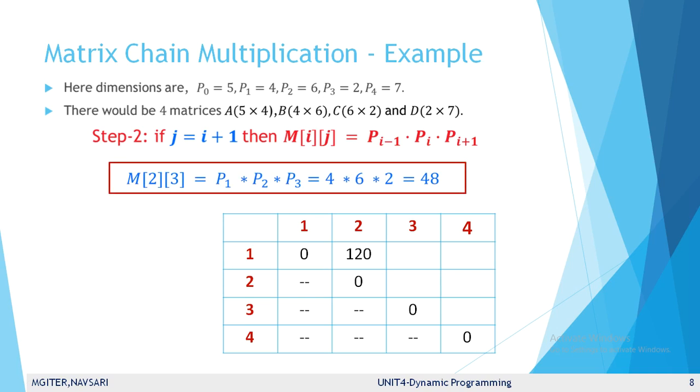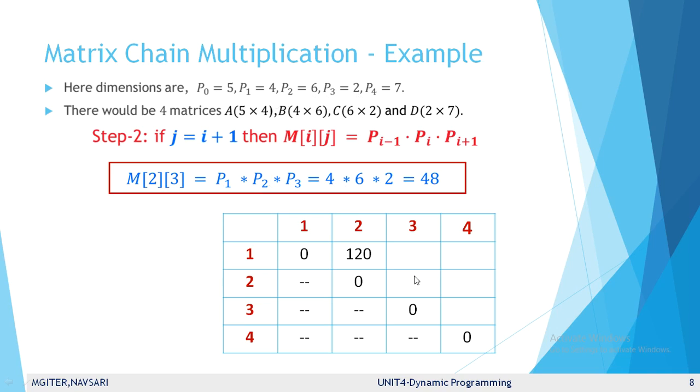Now similarly for M of 2 3, we multiply matrices B and C, matrices 2 and 3. Here the value of i is equal to 2 and the value of j is equal to i plus 1, that is 3. So P of i minus 1 into P of i into P of i plus 1 becomes P1 into P2 into P3, that is 4 into 6 into 2.